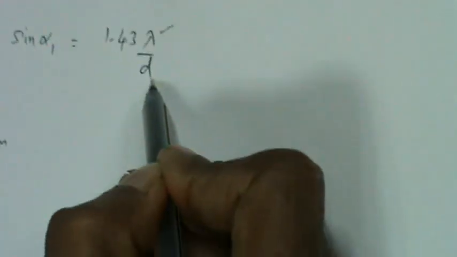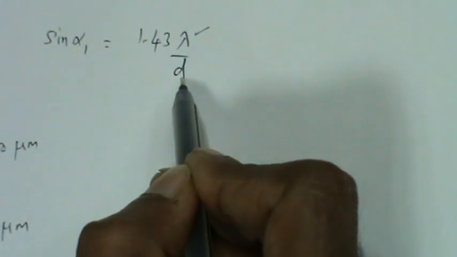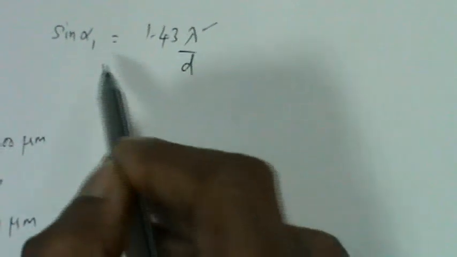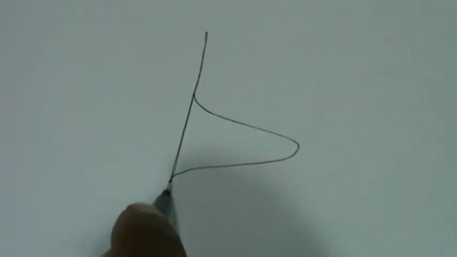So lambda is small compared to d. If you happen to see, when you decrease the slit width, the entire value will be increasing, which means alpha 1 should be at a higher value. So this can be schematically shown as this is your principal maximum, and this is the case of the 200 micron slit.